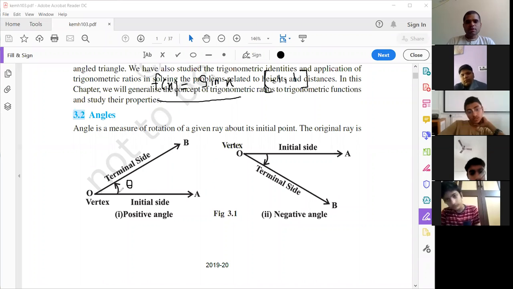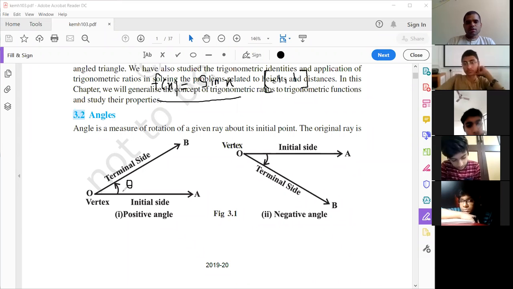This point A will move to point B, and this angle is called positive angle. If you rotate it anti-clockwise, it will be taken as positive angle.